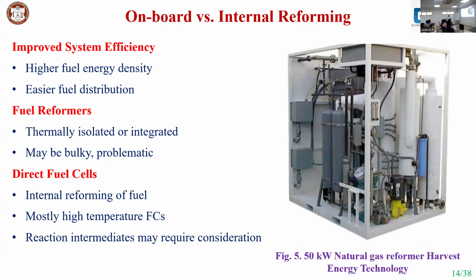If you want to go for something other than hydrogen, such as hydrocarbon, ammonia, or alcohol-based fuel cells, apart from the fuel cell we need a reforming system also. Ultimately, to the fuel cell we need to supply only hydrogen. So you can give the fuel in any mode, but the input to the fuel cell is carbon-free fuel, particularly hydrogen.